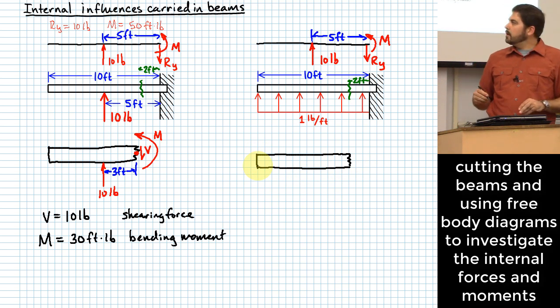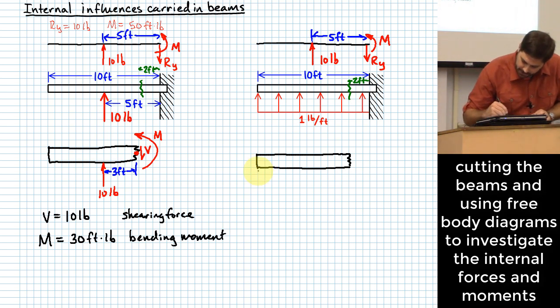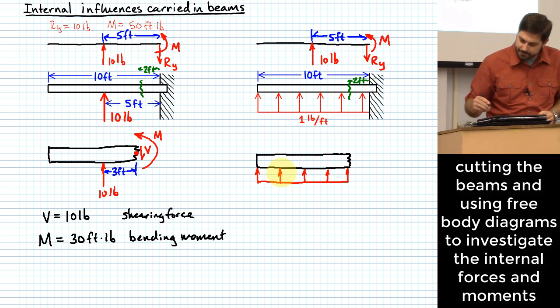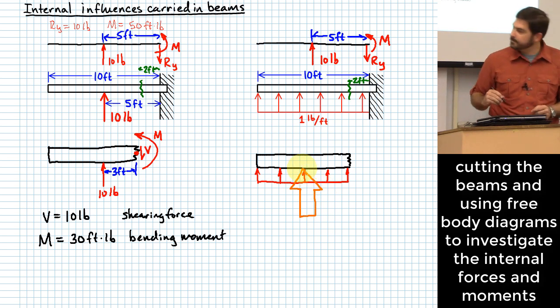Now what do I do with my distributed load? Keep in mind the distributed load is doing something like this, but it's only extending up to the location where I have the cut, because I'm only taking a portion of this whole beam. So if it's only going up to the location where I have the cut, how would I evaluate this concentrated load? It would still be at the middle of this little segment.